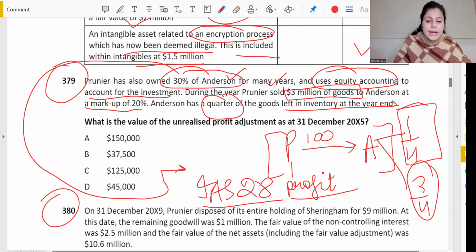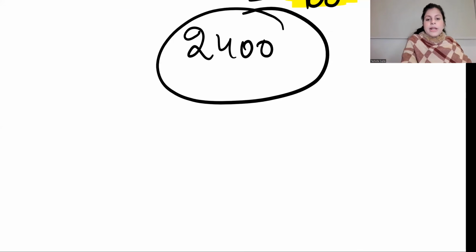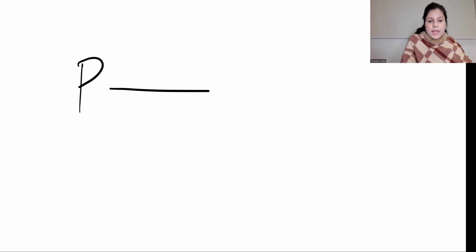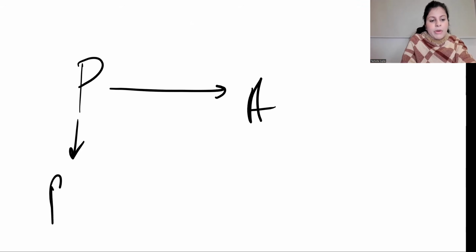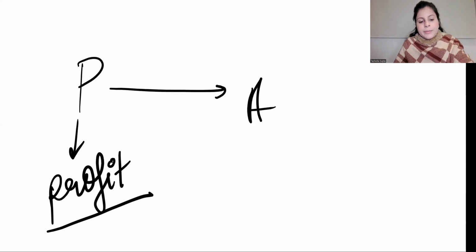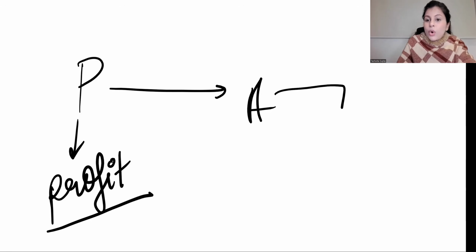So what is my journal entry? Come on, tell me, what's the journal entry when parent is the seller? Parent has recorded the profit. Overstated profit is of the parent. What has associate recorded? Associate has recorded overstated inventory.